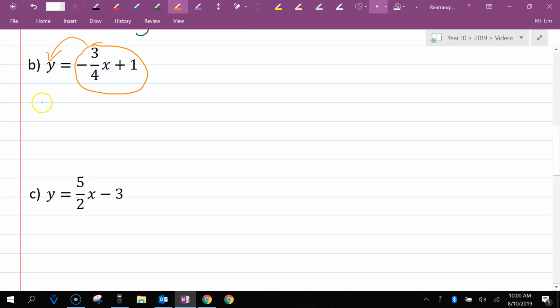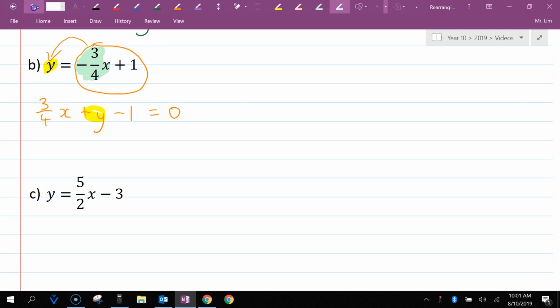That will give us 3/4 x plus y minus 1 is equal to 0. Okay, so the y stays positive because we didn't move it. But this x becomes positive because we moved it, so it becomes positive 3/4 x. And this 1 becomes negative because we moved it as well, so it becomes minus 1.